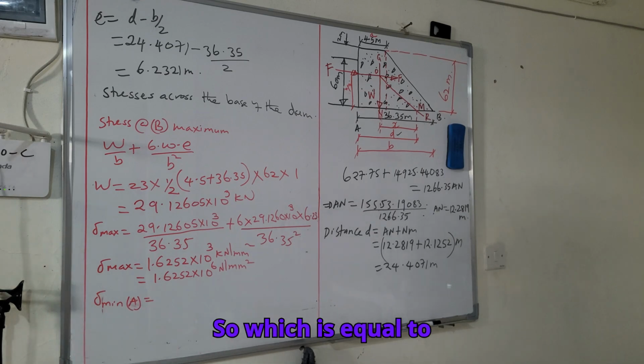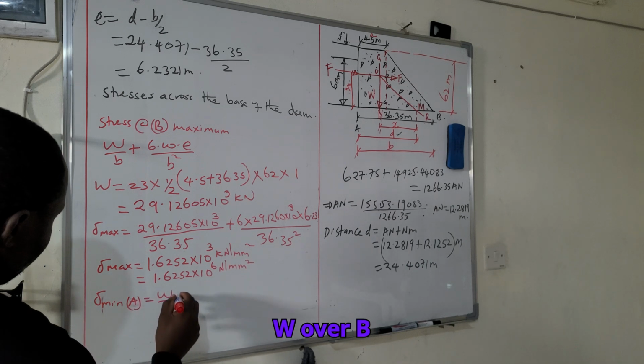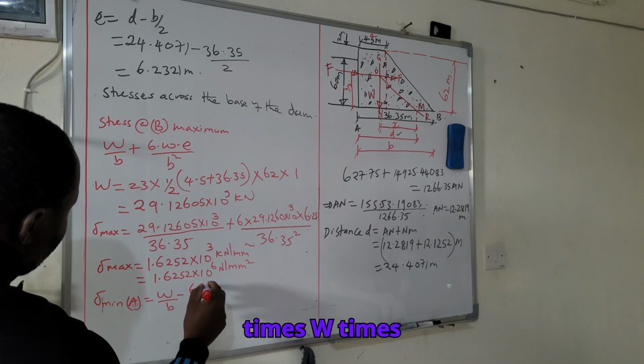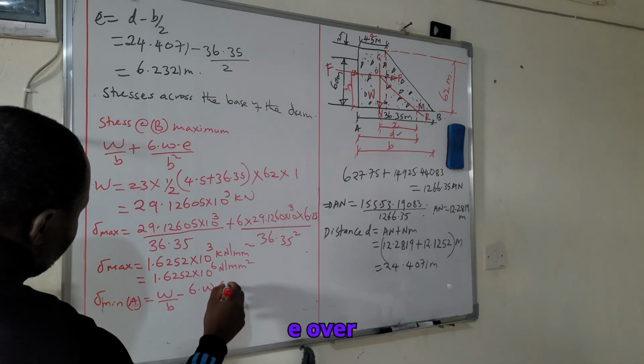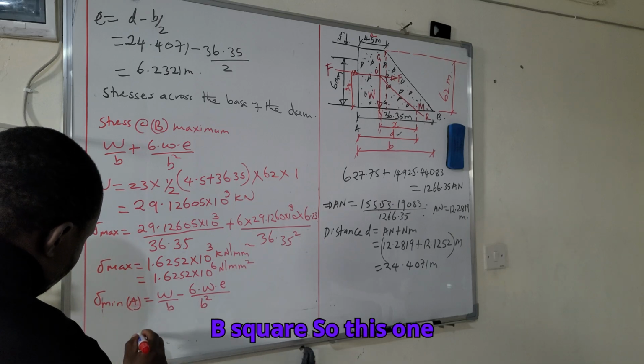Which is equal to W over B minus 6 times W times E over B square.